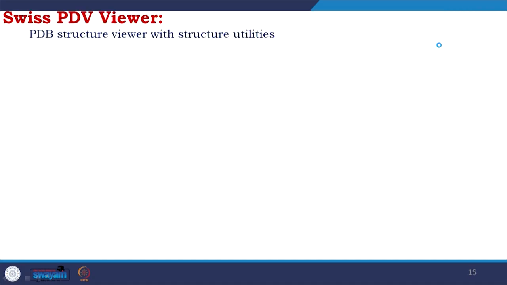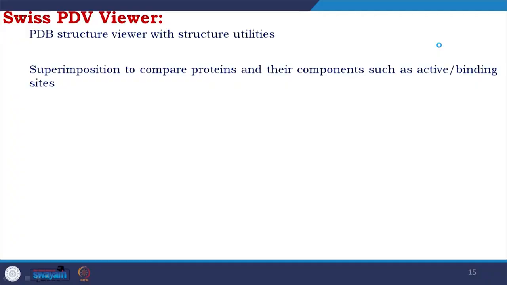Swiss PDB Viewer, the PDB structure viewer with structure utilities. Though I told you most of them are molecular viewers, Swiss PDB Viewer also has facilities for modification. Superposition to compare proteins and their components such as active binding sites is available.